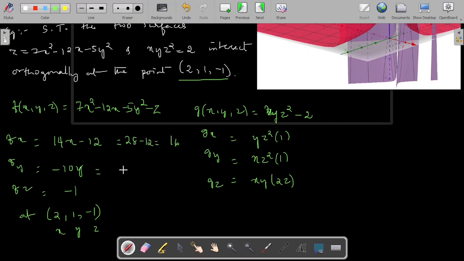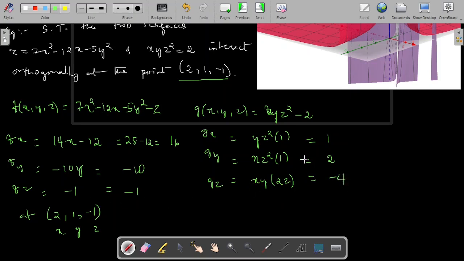Then here y equal to 1, minus 10, then z, anyway it is constant here, minus 1. Here in this case same, y is 1, z is minus 1, so it is 1, xz square, so that is also equal to 2 into minus 1 whole square, 2, then xy 2z. So 2 into 2, 2 2s are 4, then with a minus, minus 4.